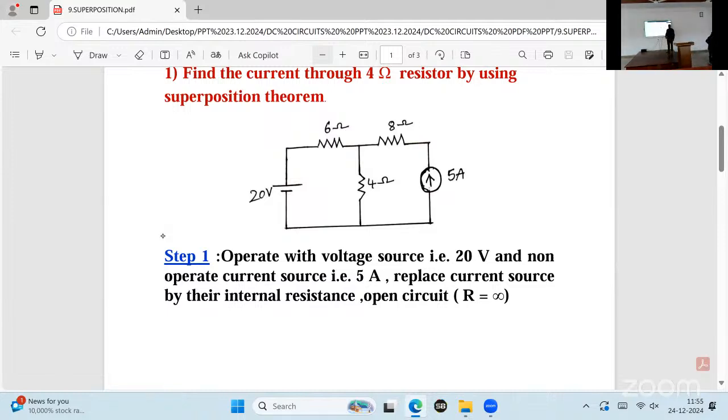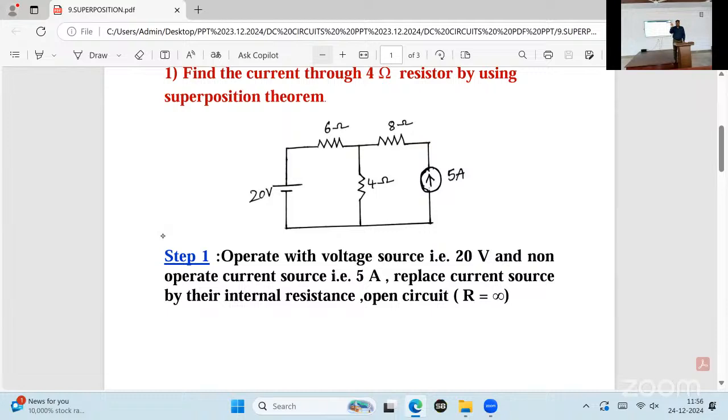Right. Please, all of you listen. Operate with the voltage source, that is 20 volts, and non-operative current source, that is 5 amperes. Step 1: run with only one source, and the other will be non-operative.